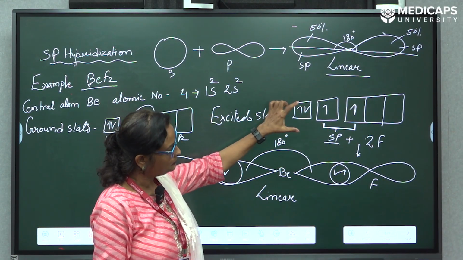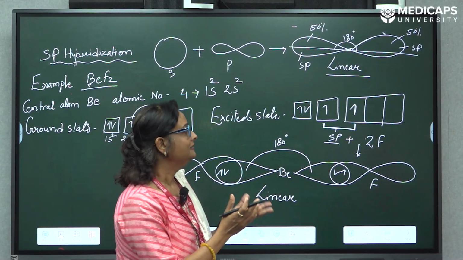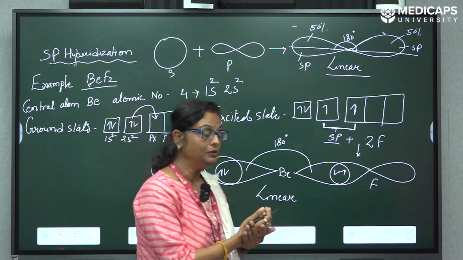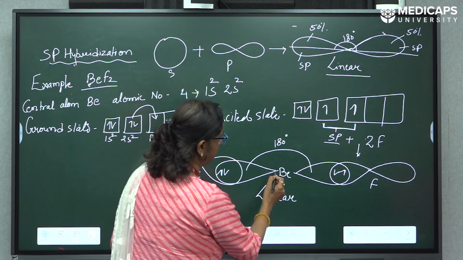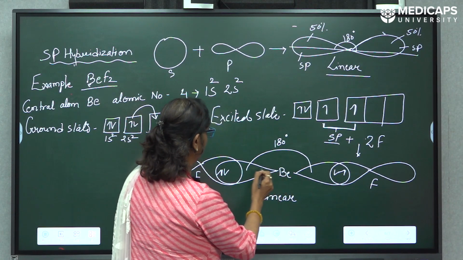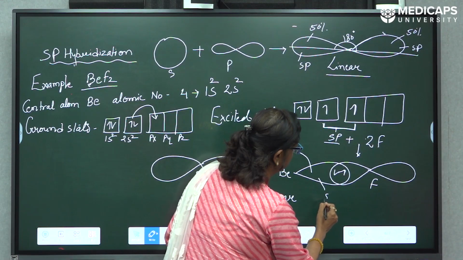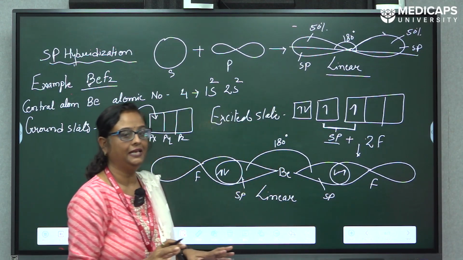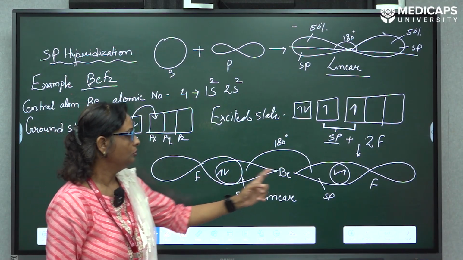These two orbitals will intermix together to form the resultant new sp hybrid orbitals. This is sp and this is again sp. Now they are ready to take part in the bonding with 2 fluorine.